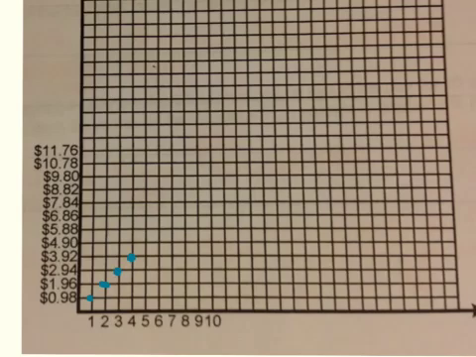So I'm going to keep extending these dots for eTunes out to at least 10 songs in the graph because they've labeled it for me. Can we go more? If you want to go a little bit more, you can. They've labeled 2 more dollar values, so if you want to go up to $11.76, you could extend it.